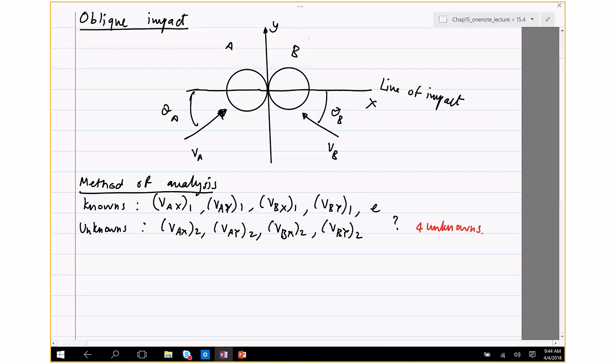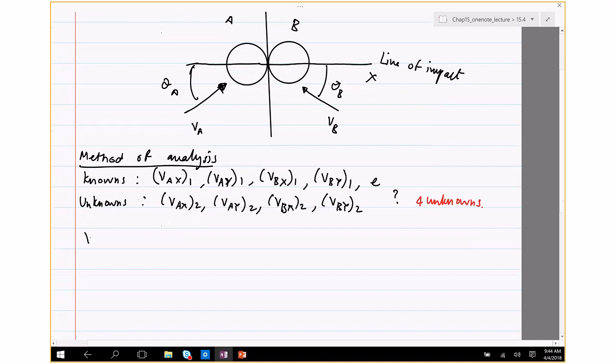So the question is, how do we get the 4 equations?